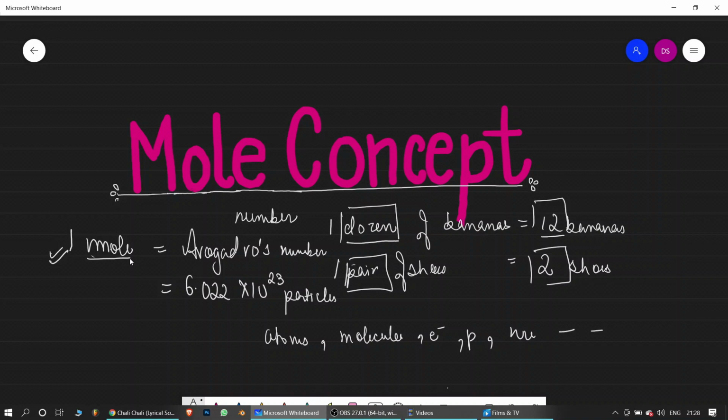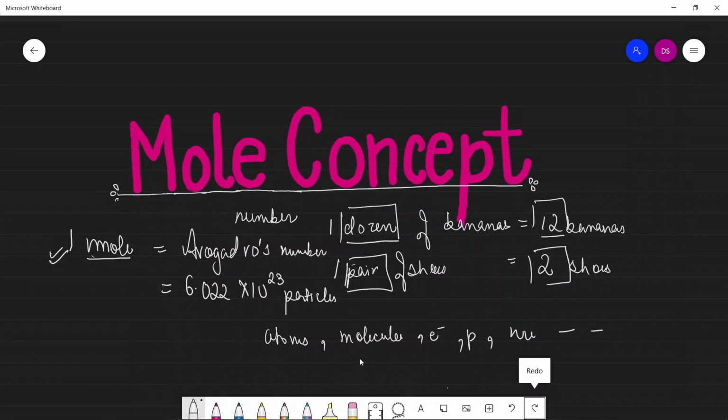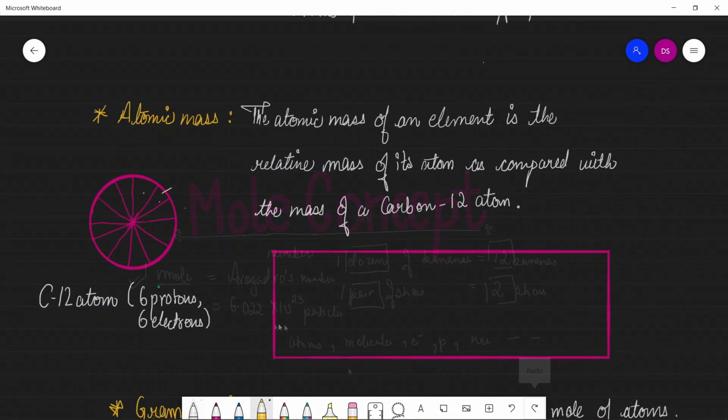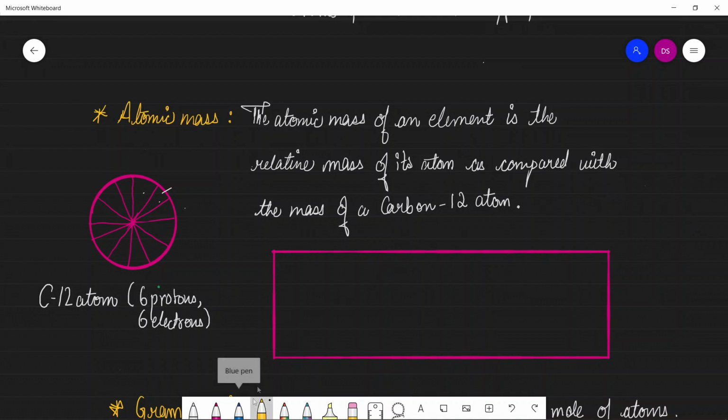Before moving further with the numericals, we are going to understand a few definitions which are very important. The first definition we are going to discuss is the atomic mass. The atomic mass of an element is the relative mass of its atom as compared with the mass of the carbon-12 atom.